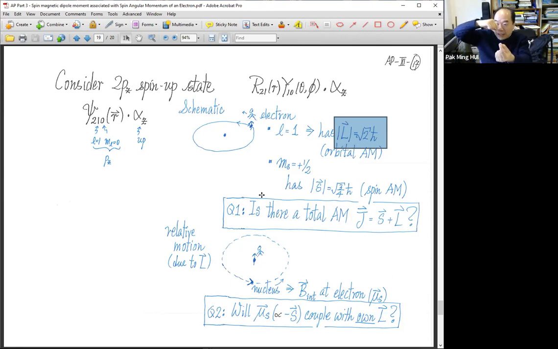So we have this electron orbiting. Thereby, it is like the electron not moving, the nucleus orbiting in the opposite direction. The nucleus orbiting is like a current loop. Therefore, there's a magnetic field at the position of the electron. But the electron also carries a spin magnetic dipole moment.